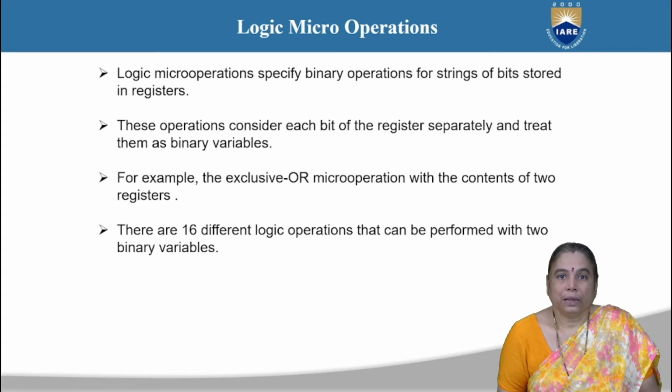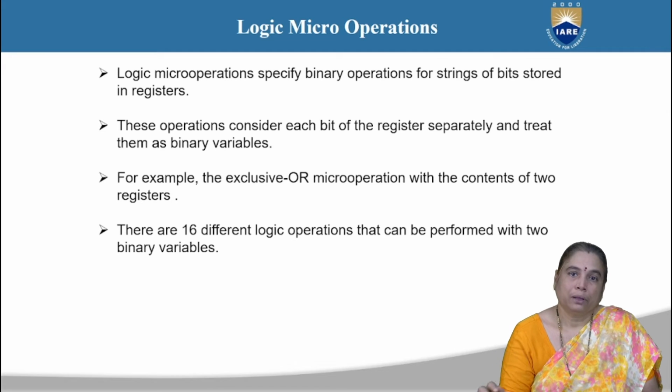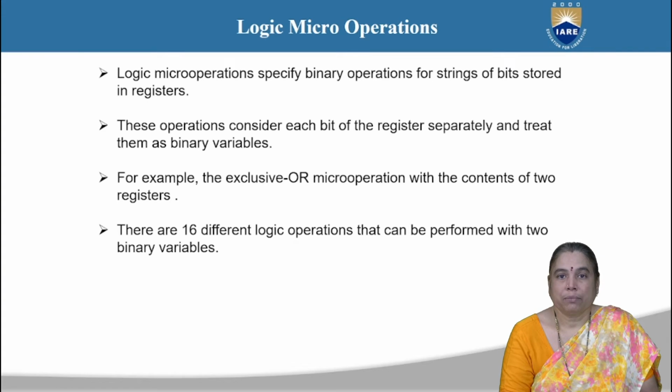Examples of arithmetic micro operations are add, sub, mul, div. All these are mnemonics that can be applied in assembly language to implement these arithmetic micro operations, and the circuitry behind them we discussed in the last video.